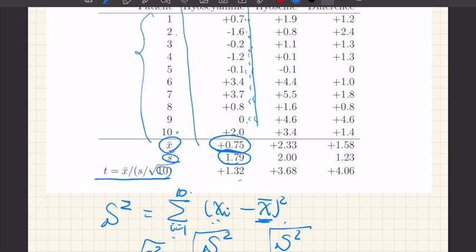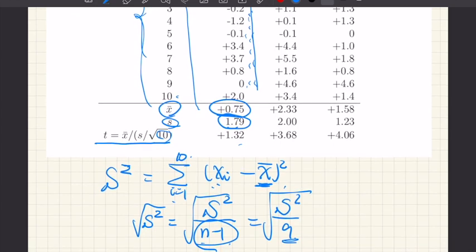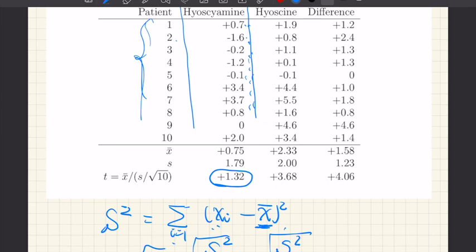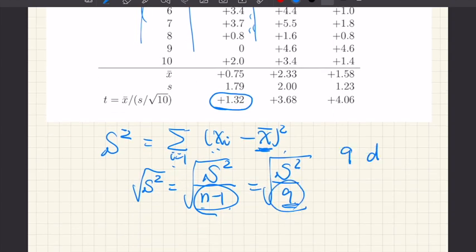This 10 is the number of samples, but here when you calculate this s, you divide by n minus 1, so that's 9 in this case. Okay, anyway, after all these calculations, we have this T statistic for hyoscyamine. So this is a T distribution with 9 degrees of freedom.